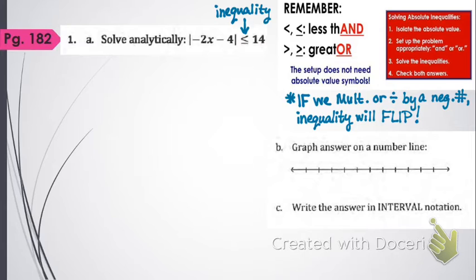So we got to be watching for that. Adding and subtracting won't do it at all, but anytime we multiply or divide, if the thing that we put on the bottom of a fraction or the thing that we multiply by is a negative, it's going to make my inequality switch directions.